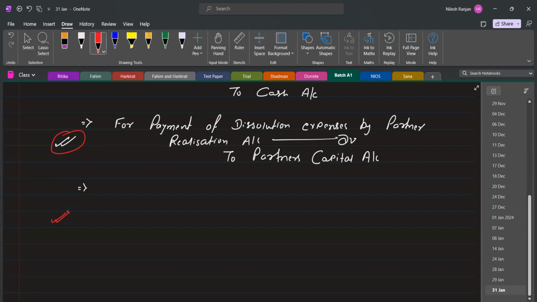It is like a partner will bear all the dissolution expenses in return of something, maybe. So the partner will bear all the dissolution expenses. It will be written like this. So you'll understand that the firm has nothing to do with it. So in this case, if the partner will bear the expenses of dissolution, what will be the journal entry?